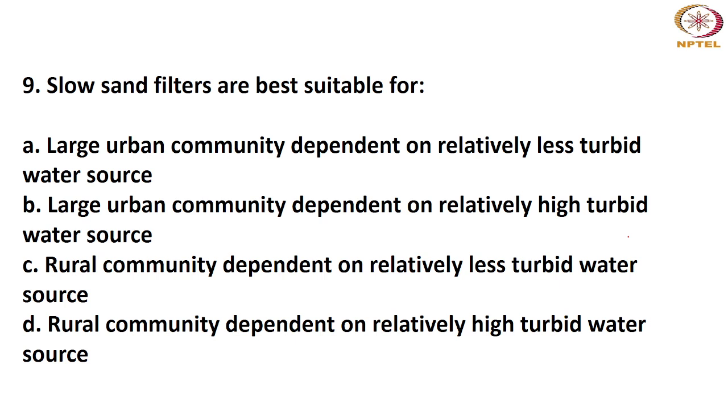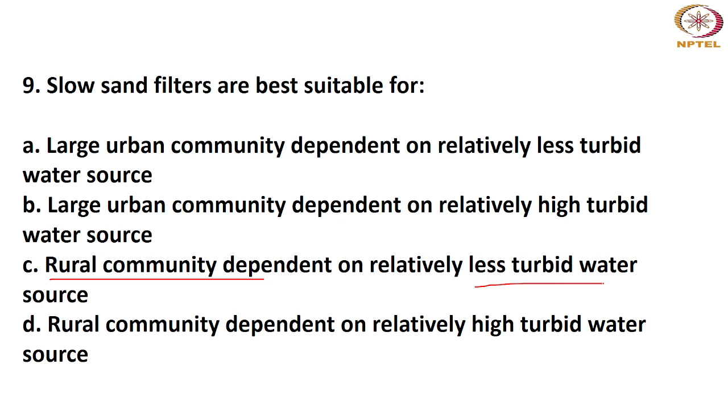So the correct answer is C. A rural community depending on a relatively less turbid water source. In that case, we can use a slow sand filter. The population is less in a rural community, right? So we don't have to provide a lot of water there, and also the water is less turbid. In that case, we can use it.